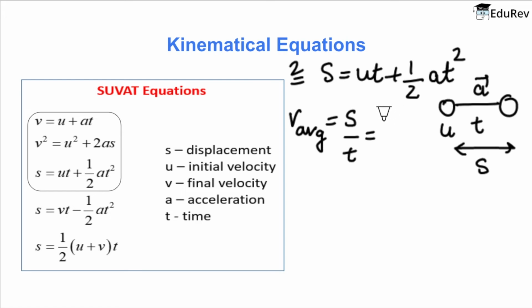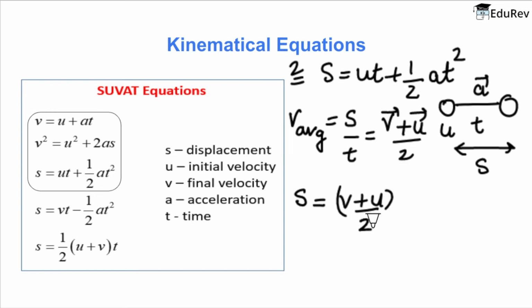And we also learned how to calculate the average velocity. We just take both velocities, their sum, and divide by the number, that is 2. So this gives us the total distance traveled as (v plus u) by 2 multiplied by time.